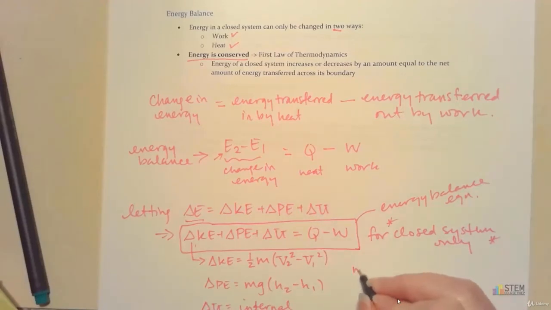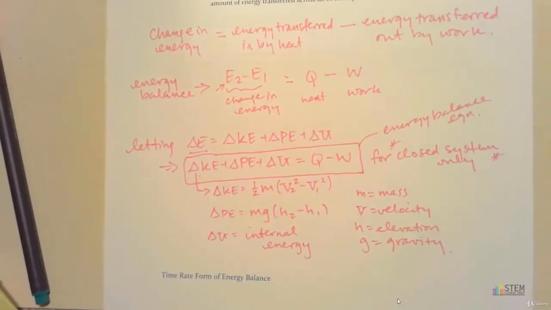And then let's label these variables. Mass is m. We've got v, which is velocity. h is elevation. g is gravity. There we go. Okay, so that's our equation. We are going to go back to that all the time. And that goes with the first law of thermodynamics, saying energy has got to be conserved.